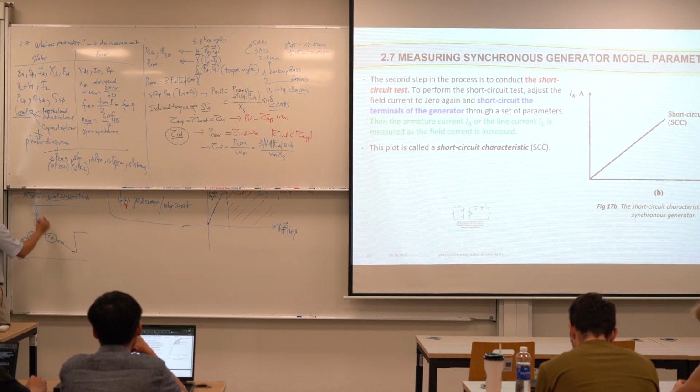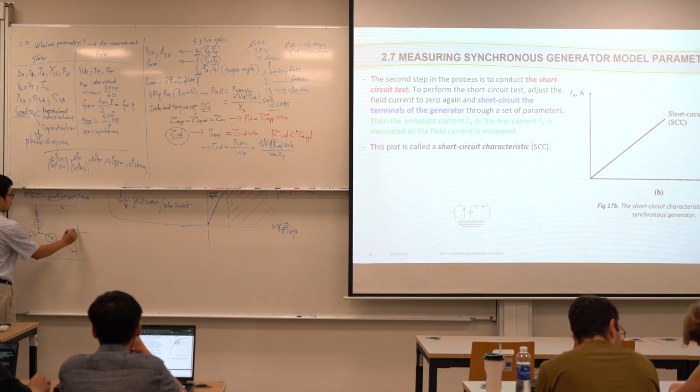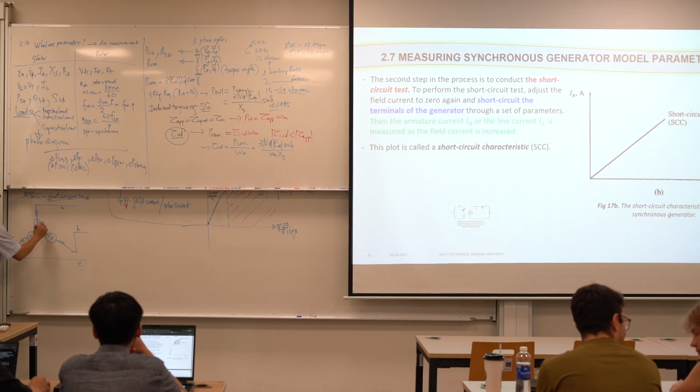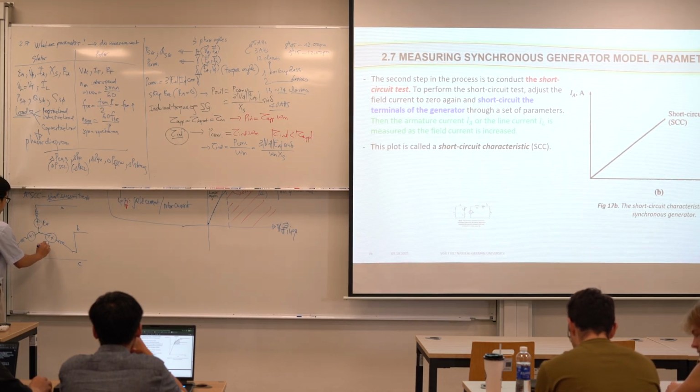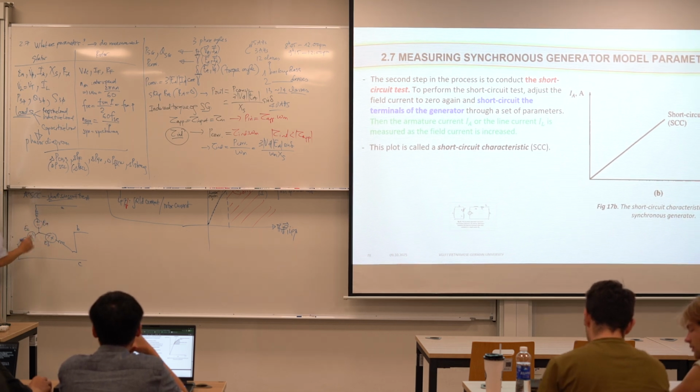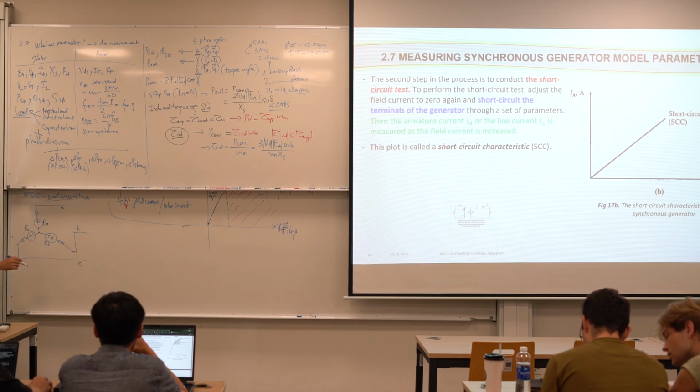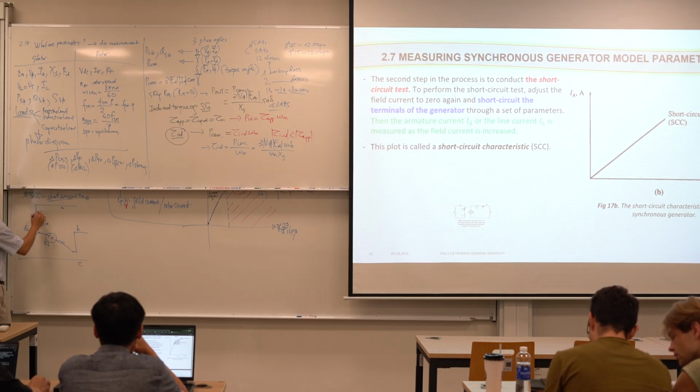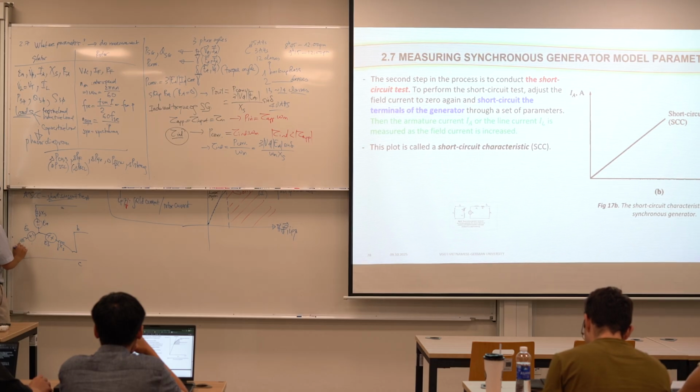Yes, right. This is phase A, phase B, phase C. So here we have AA, AB, AC, and this is J's axis.